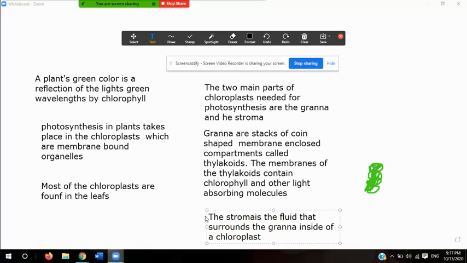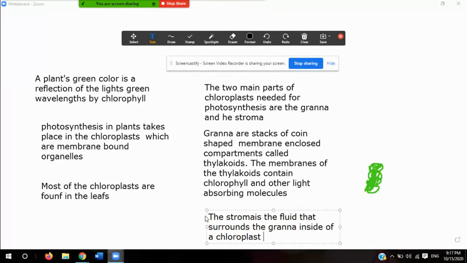So let's talk about these phases. It makes sense that there are two different phases of photosynthesis, because one phase occurs in the presence of light, and the other phase occurs in the absence of light. So let me go ahead and clear the drawings real quick.